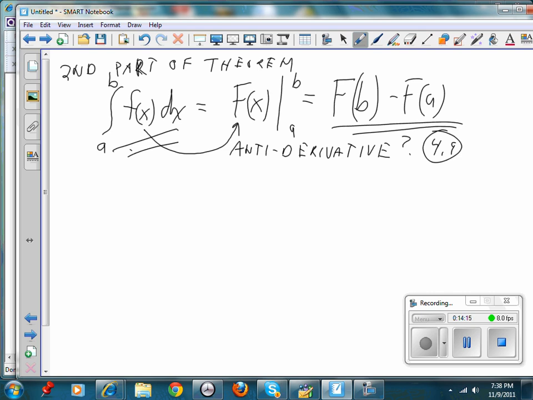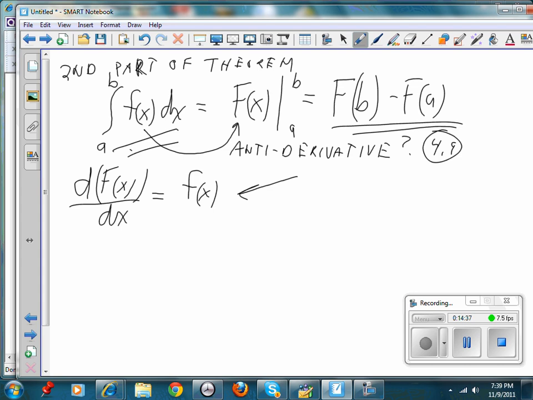If we take the derivative of the antiderivative F of x with respect to x, we've got to get back to what we started with. Okay, so this is the property we're looking at. Let's see if we can figure out what antiderivatives are.